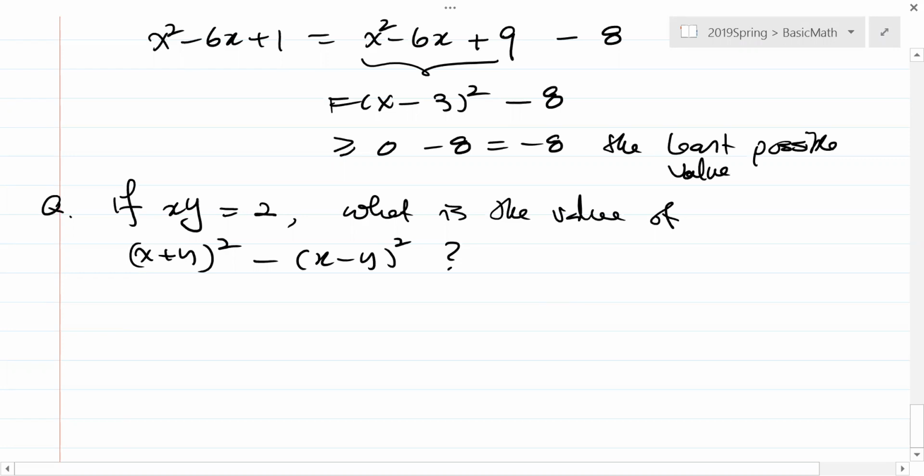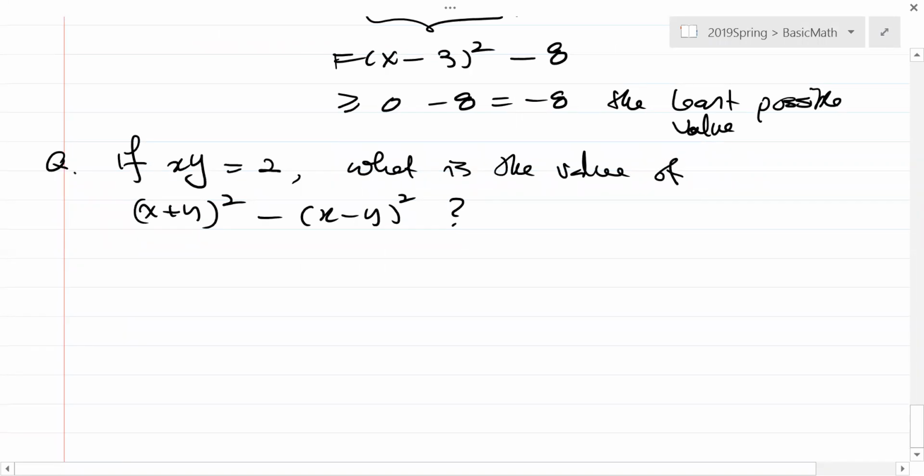If you have no idea in general what you should do, try something. You don't know x and you don't know y, but you only know the product. So you can let x be 1 and y be 2, then x times y equals 2.